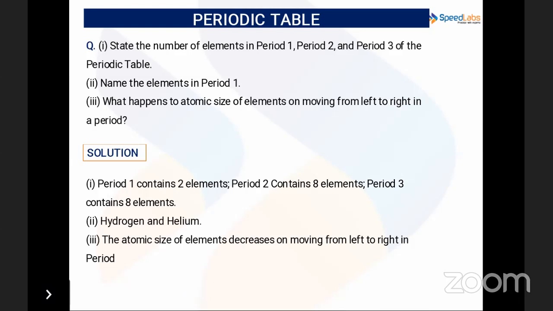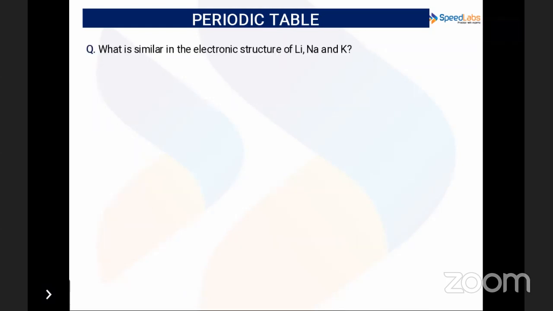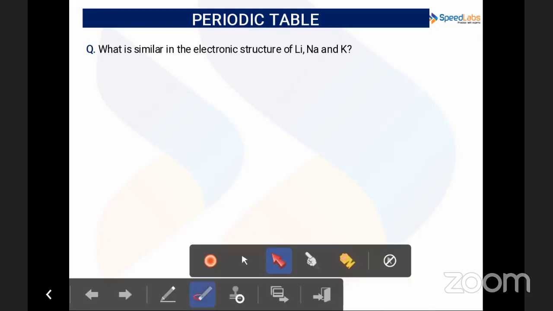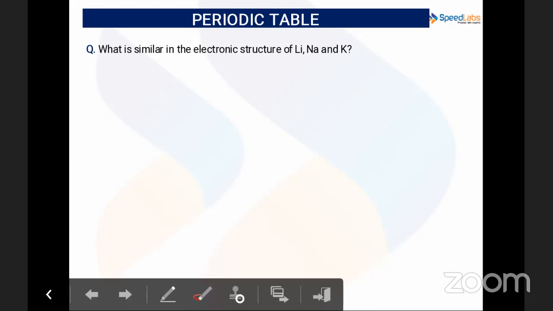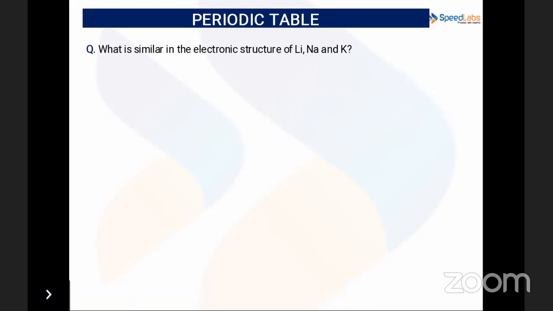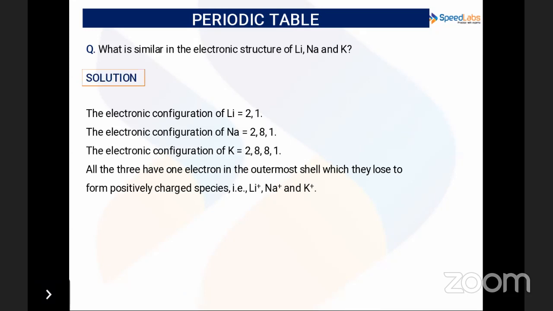Okay, now we are moving towards the next question, that is the third question. The question says, what is similar in the electronic structure of lithium, sodium, and potassium? Now we have to see the exact solution of this question.